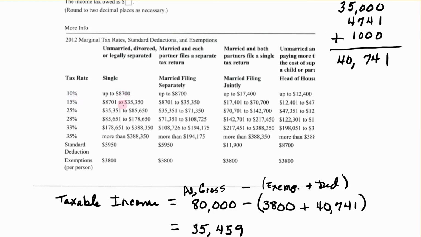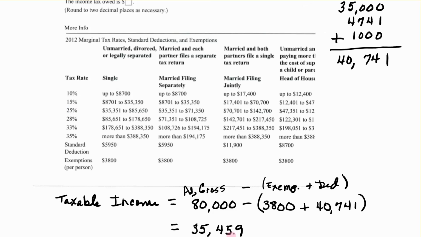But if you earn more than $8,700, only the part of it that's more than $8,700 is taxed at a higher rate, 15%. If you earn more than $35,000, up to this portion is taxed at 25%.